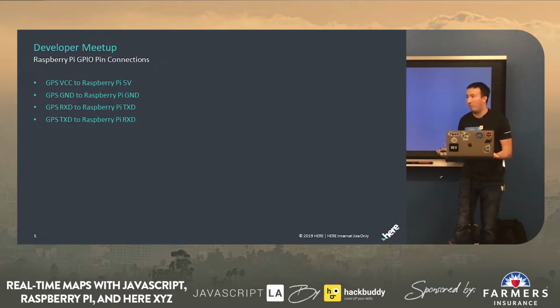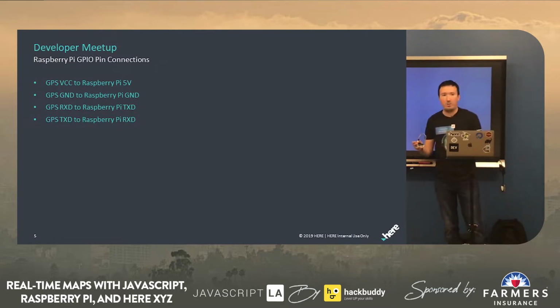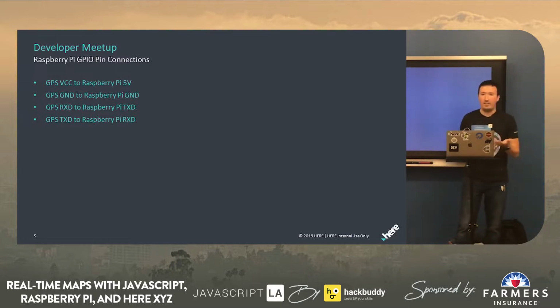You hook that into the 5-volt power on the Raspberry Pi. Each pin on the Raspberry Pi has a specific meaning, and you can find a template for it very easily online. For the ground wires, you connect the two, and then you invert the TX and the RX. The RX on the Raspberry Pi will go to the TX on the GPS, and the RX on the GPS will go to the TX on the Raspberry Pi.